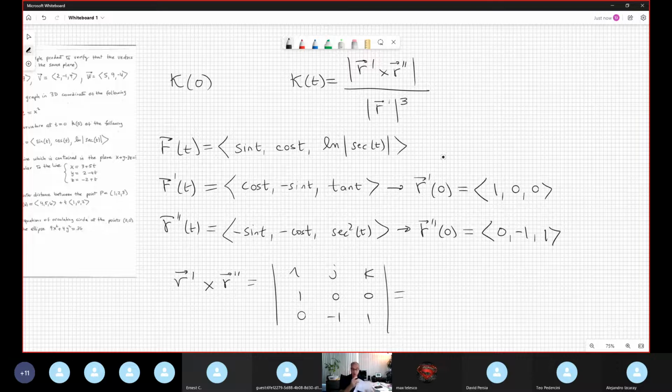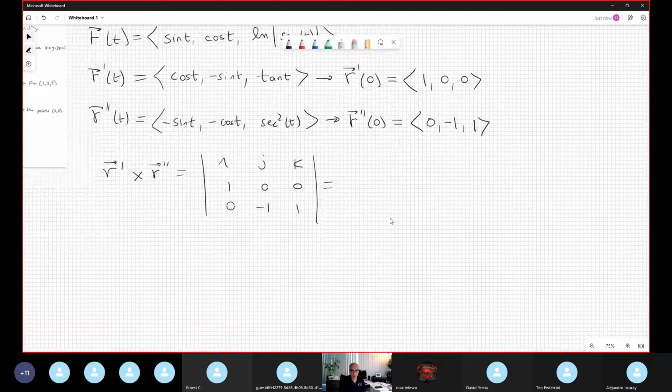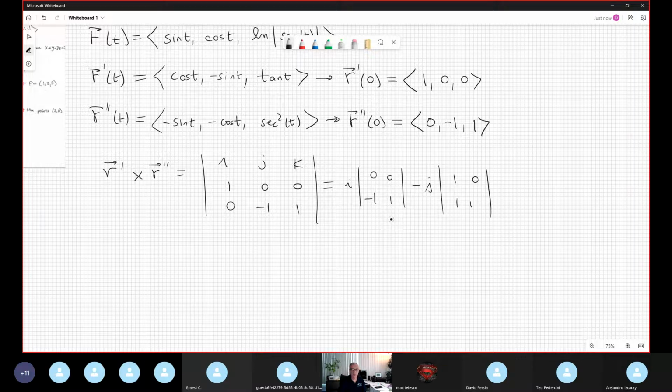I did that on that page. The determinant for i is 0, 0, negative 1, 1, minus j, 1, 0, 0, 1, and k positive is 1, 0, 0, negative 1.